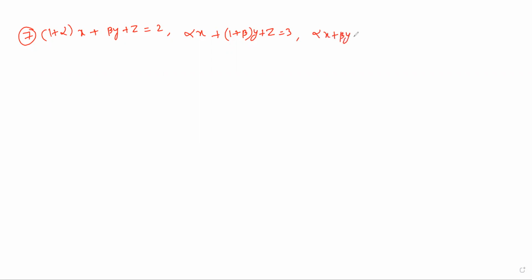It is actually alpha x plus, we can take the plus symbol only here. Then alpha x plus beta y plus 2z is equal to 2, which has a unique solution.